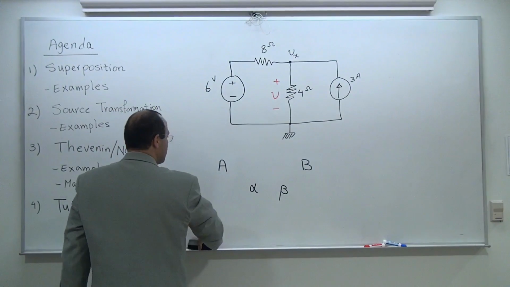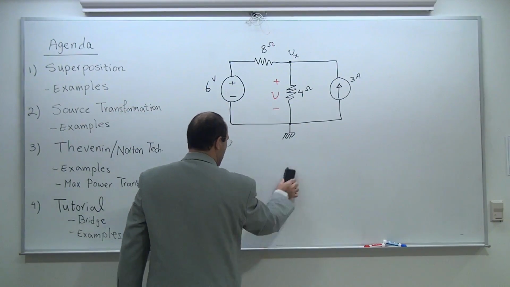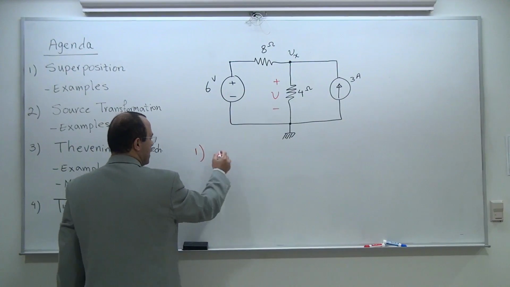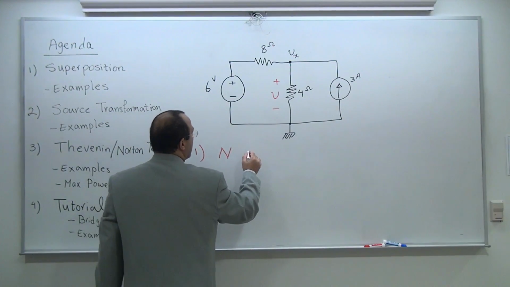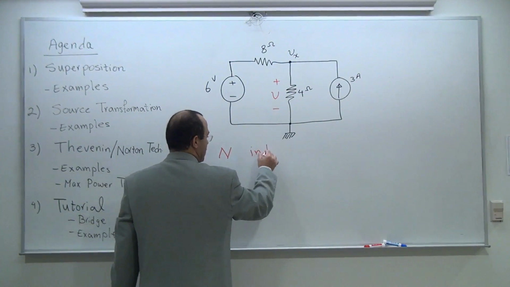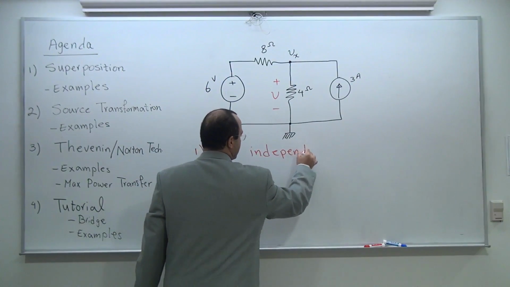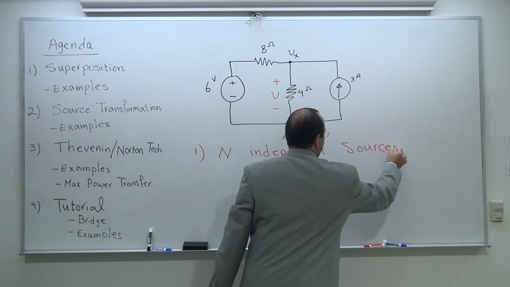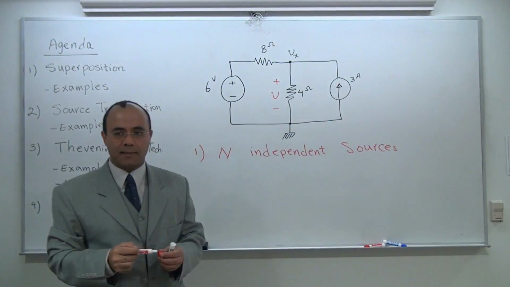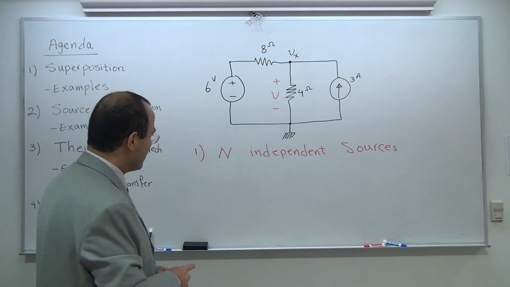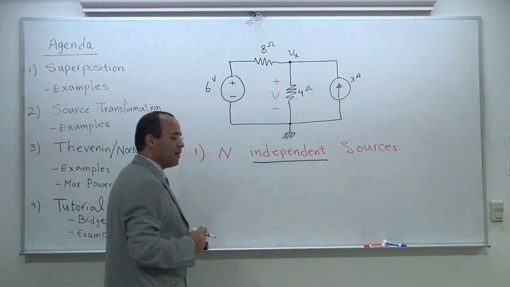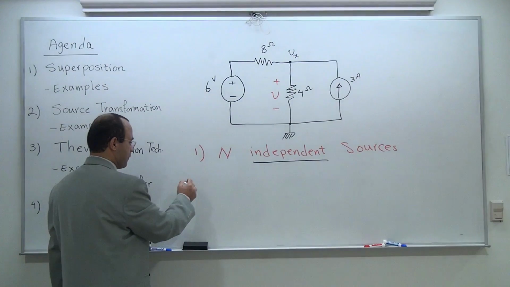In order to achieve this, we need some ground rules. Suppose you have a system which has n independent, I insist, independent sources. Obviously, when one of them is dependent, the story is different. So I'm going to say I have n independent sources in the design.